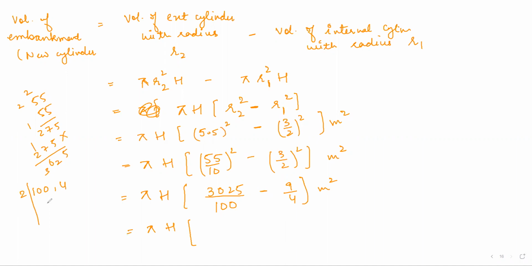Let us check: 2 into 50 and 2, 5 into 5, so 2 into 2 is 4, 4 into 5 is 20. Yes, so the LCM is 100, right? So that is 3025 minus 4 into 25 and then 25 into 9. So 25 into 9, I'm getting 225. Is this correct? Please check the calculation.